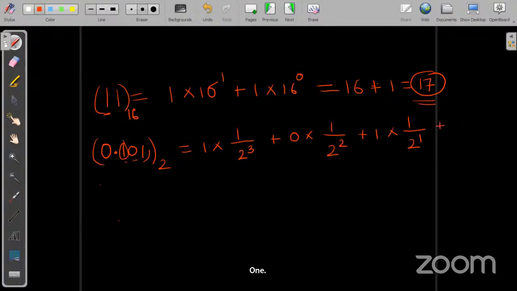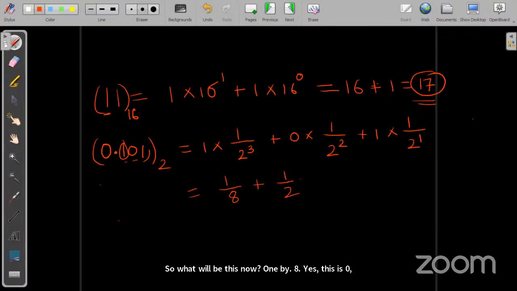And plus 0. Nothing is written, but there is a power 0, but that comes into the non-fractional part. This is the fractional part, so we need to calculate only this much. So what will this be now? 1 by 8 plus 0, plus 1 by 2.